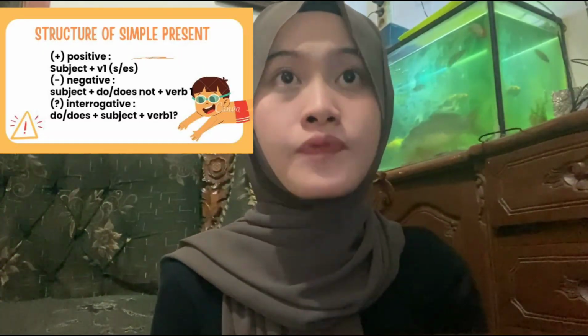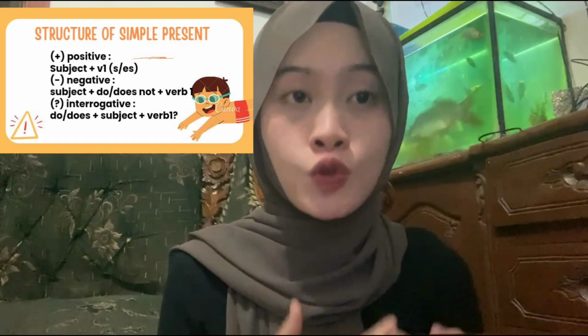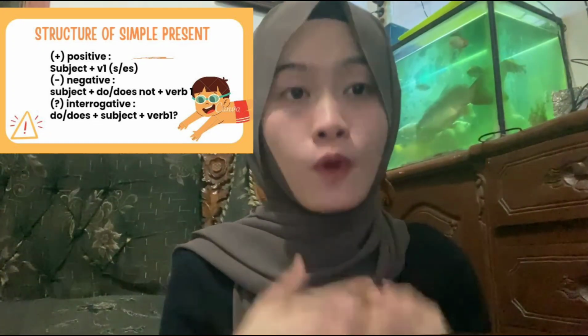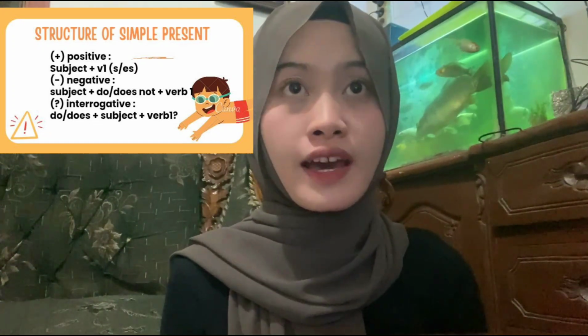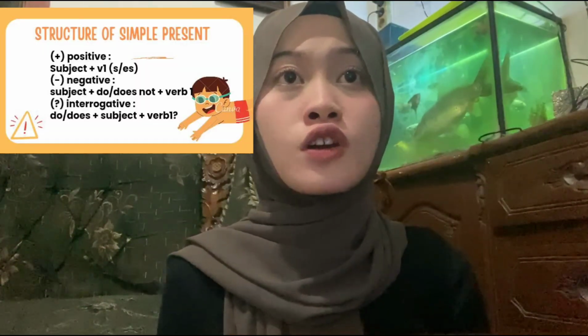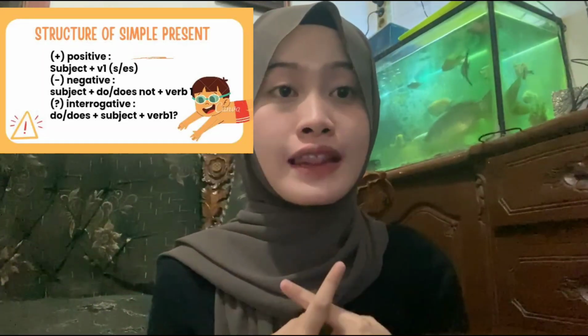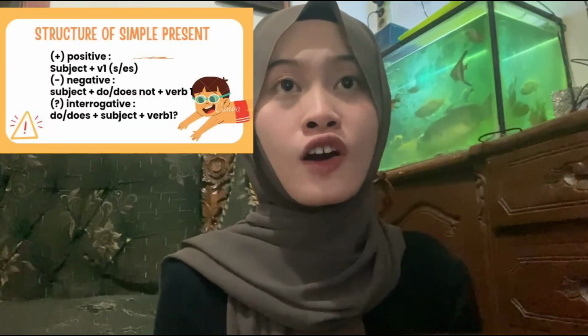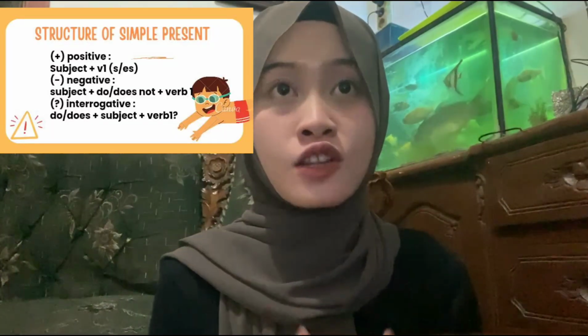For example, she walks to school. And then for a negative sentence, use do not or does not plus base verb. For example, I do not like coffee, or he does not play football.